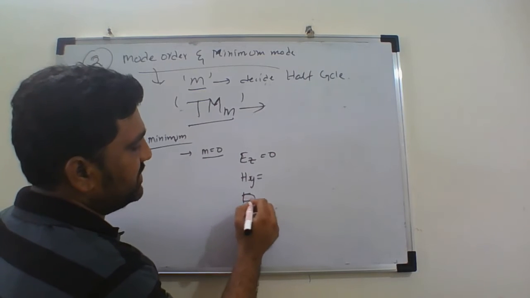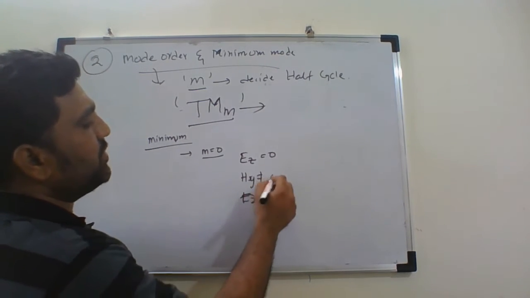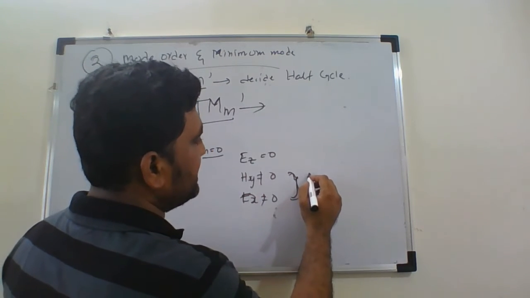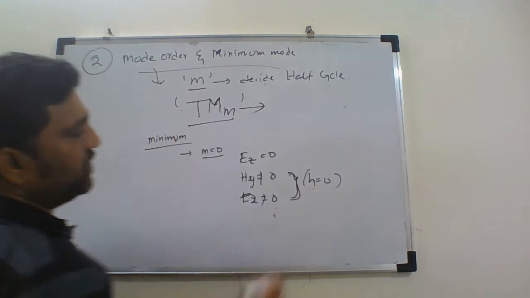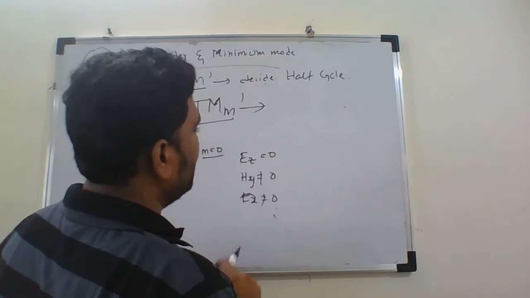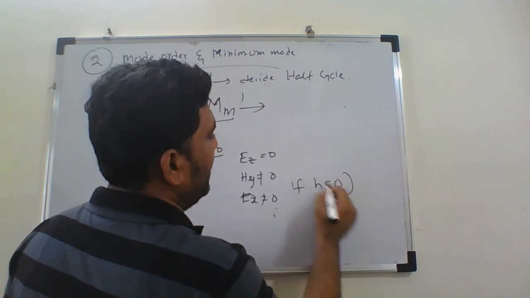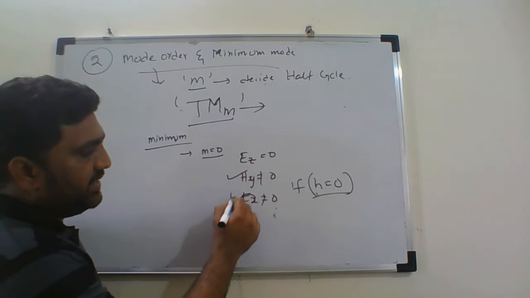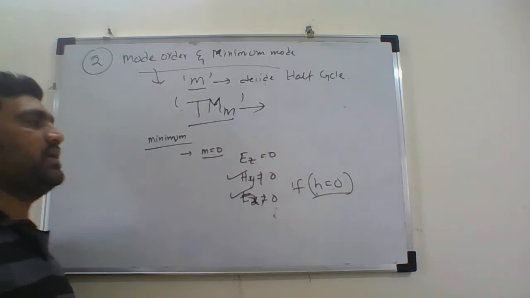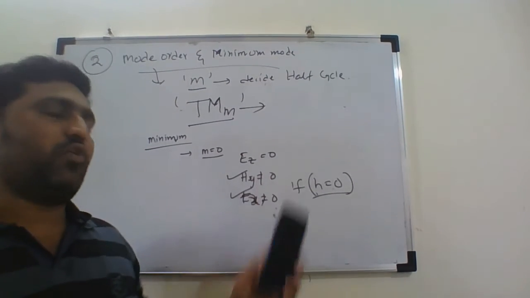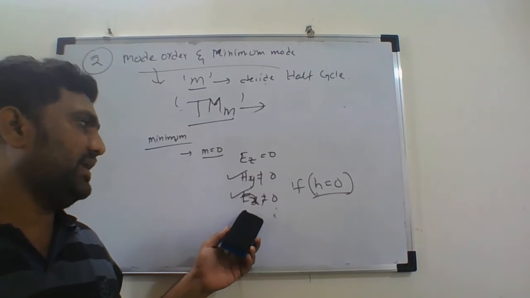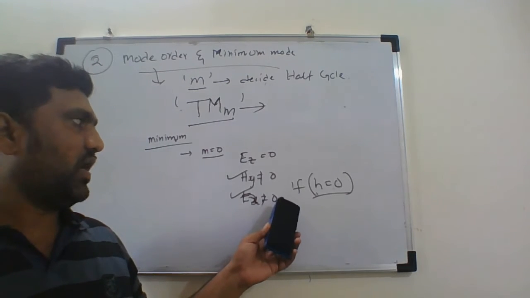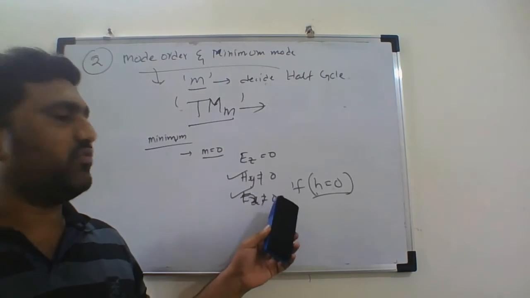Hy and Ex will not become 0 unless small h is equal to 0. Ez becomes 0, but the other two components Hy and Ex will not go to 0, because they would become 0 only if h is equal to 0.